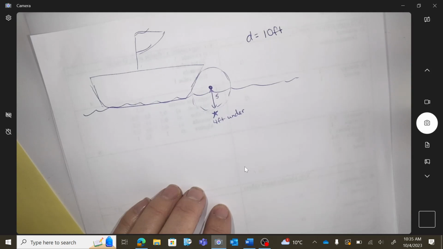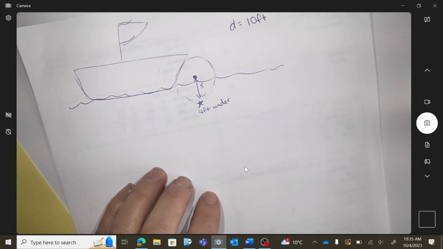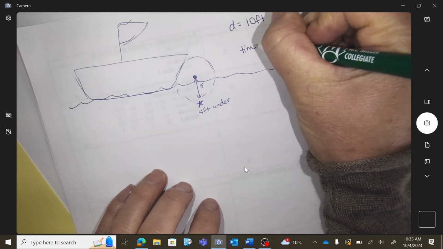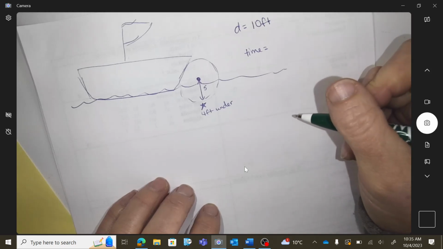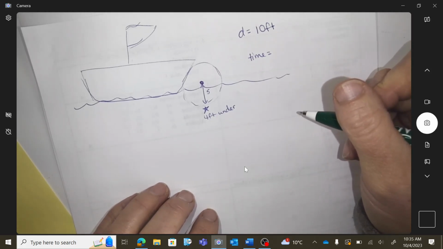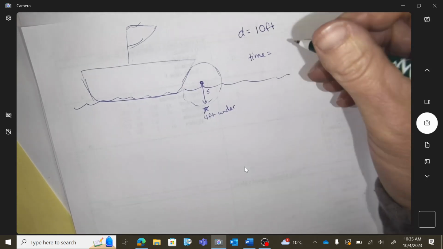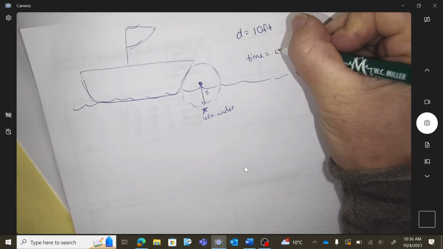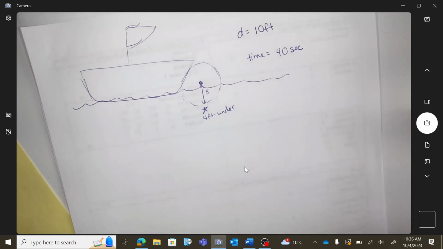Does that make sense? I made it up. How long does it take for me to go around the wheel? 60 seconds? Let's go less than that, let's go for 40 seconds. That's 40 seconds to go around.